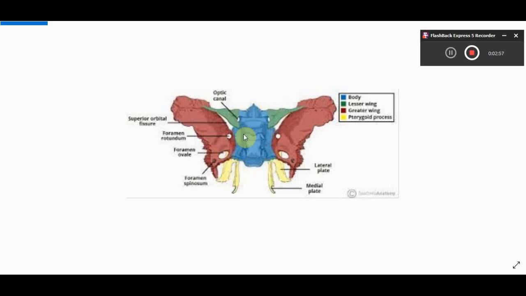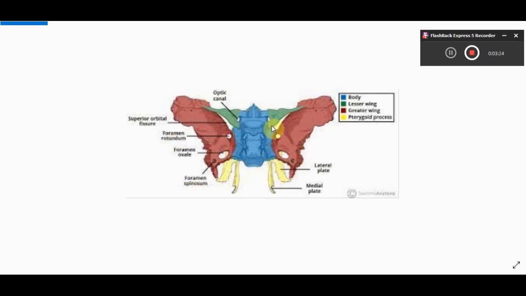And it is basically positioned in such a manner that these plates are actually fused anteriorly. So the root of the pterygoid process is the posterior boundary, and also the adjoining part of the anterior part of the greater wing of the sphenoid.